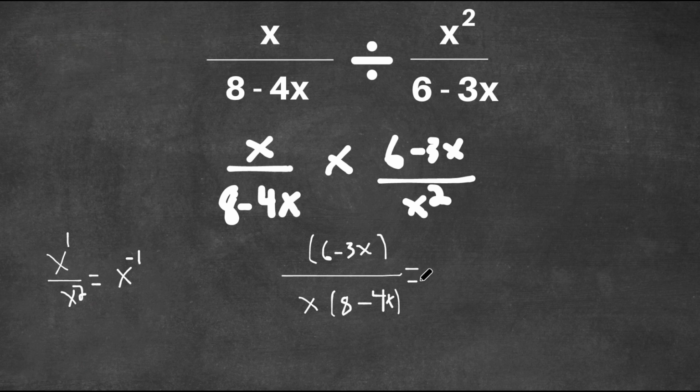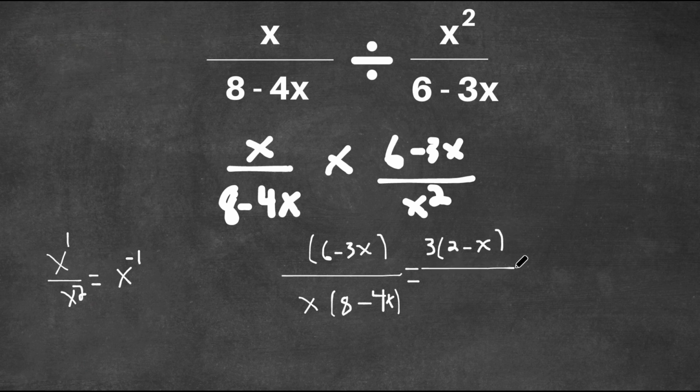So now that we have this, why don't we simplify these two expressions? Well, what can we factor out of 6 minus 3x? What is a common factor of 6 and 3x? 3. So if we factor out 3, we are left with 2 minus x.